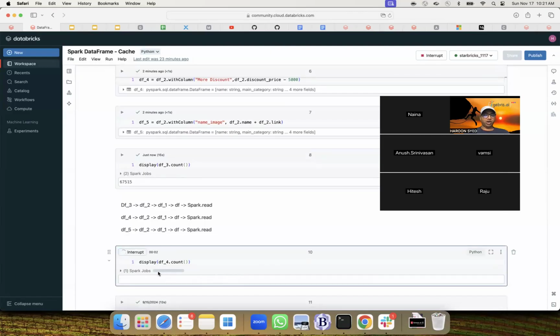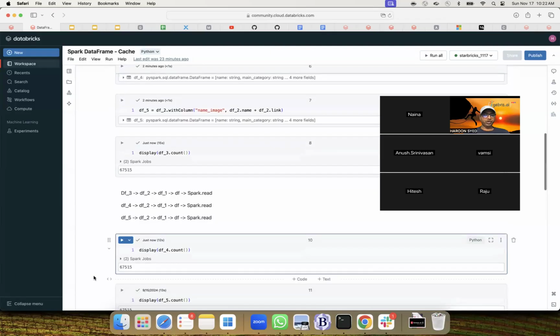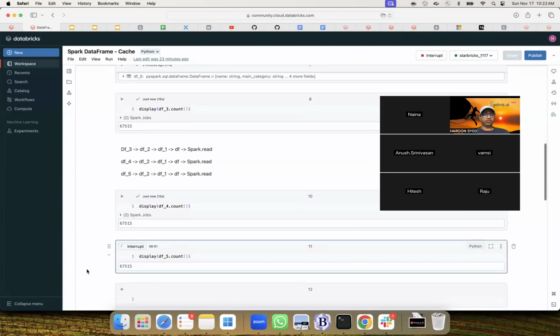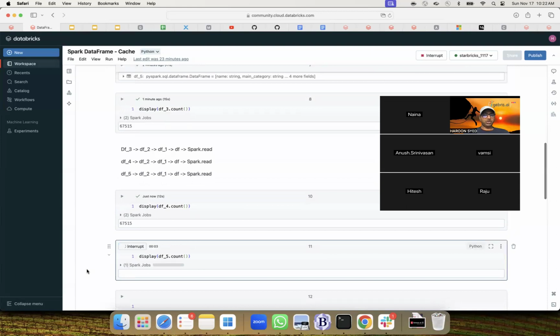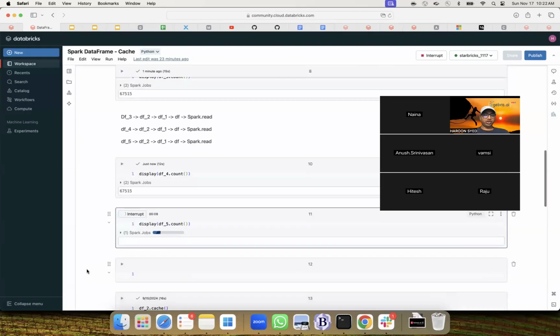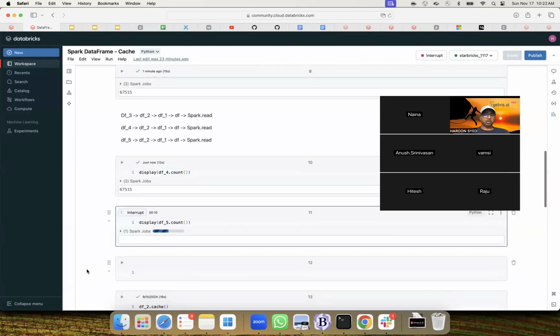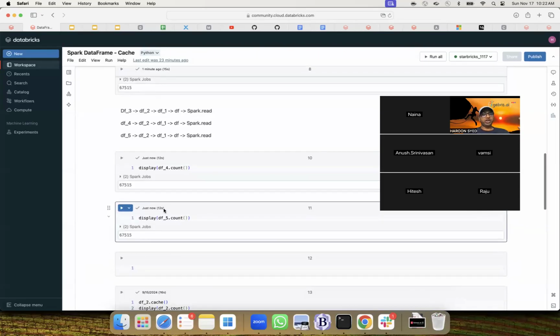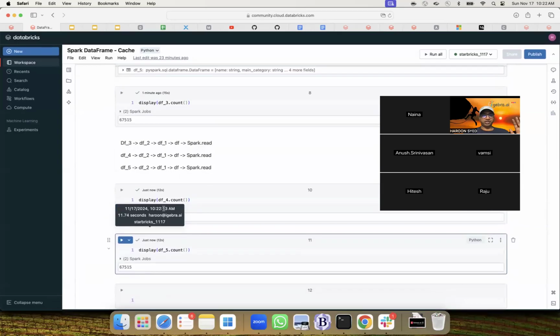See again, Spark jobs, calculations, df2, df1, df, Spark read, everything. 12 seconds. Okay. Now calculating df5. Again, Spark jobs, again processing. Okay, 12 seconds. So it's basically 12 seconds and 15 seconds, correct?